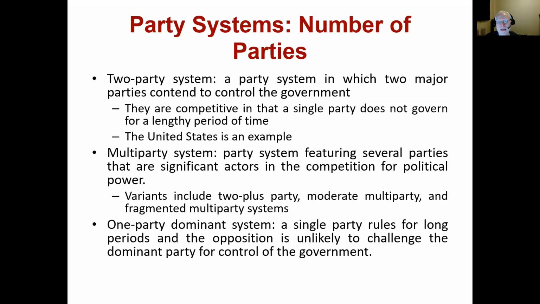Many members of the opposition may be arrested, or there'll be limitations on their ability to organize. So while there is an election, it's not necessarily a free and fair election. So that would certainly be the much more concerning version of a one-party dominant system.